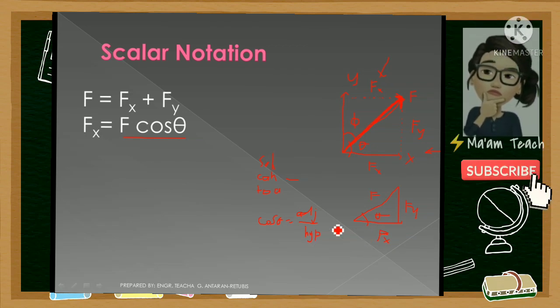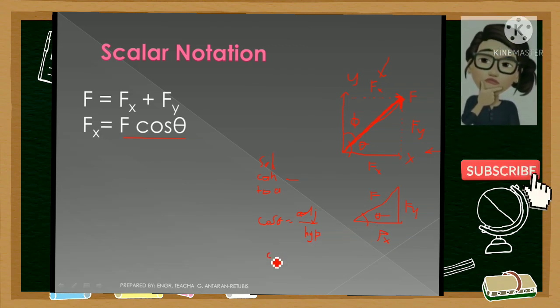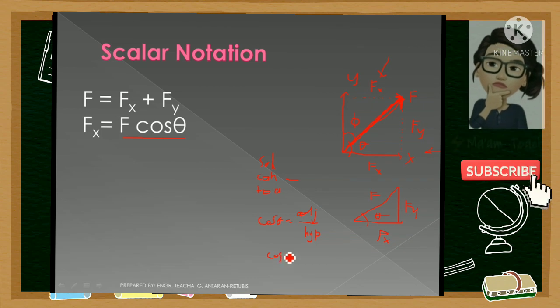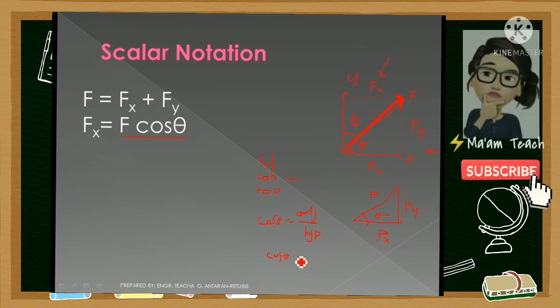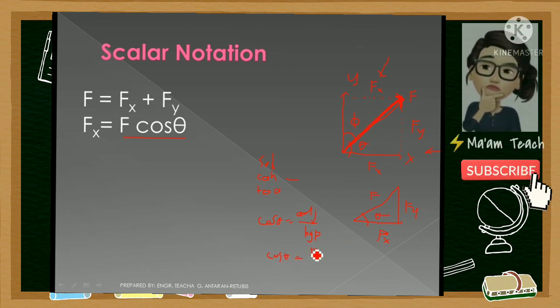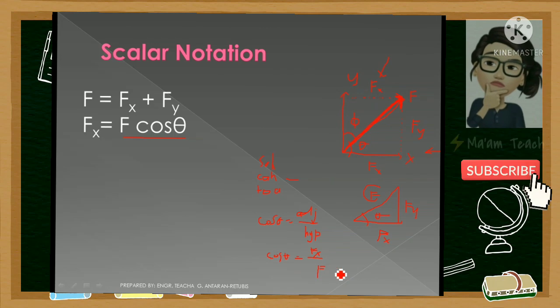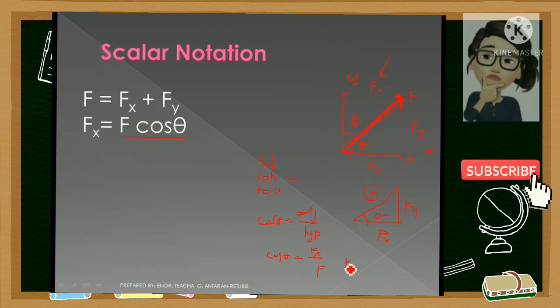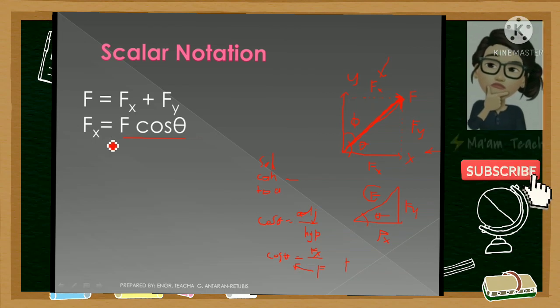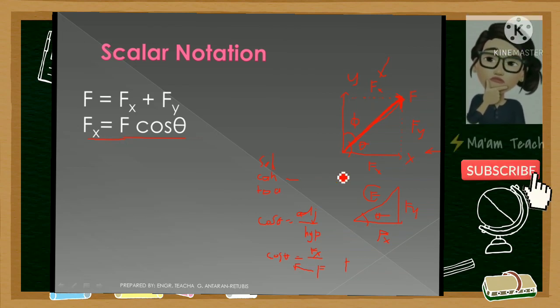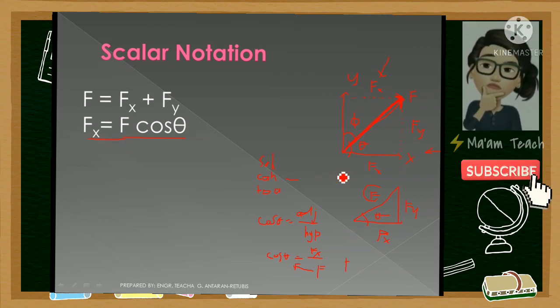In this case, class, our adjacent to the angle is the F of x, or our x component, while the hypotenuse is right here, your value of F. So to get F of x, simply cross multiply, and you'll have the formula F of x is equal to F cosine theta. So that is where that formula came from.